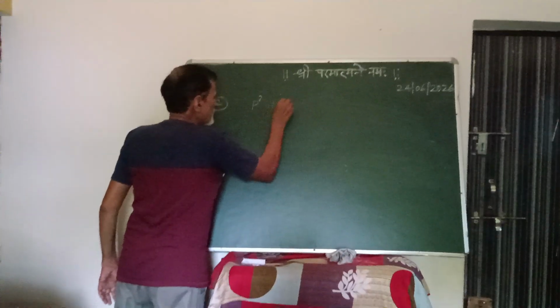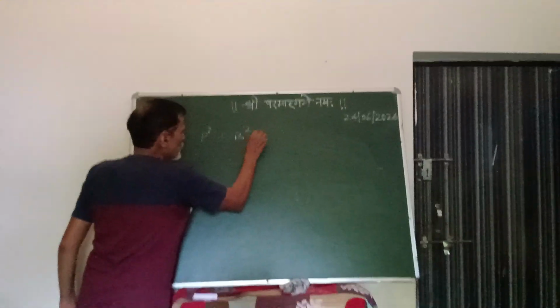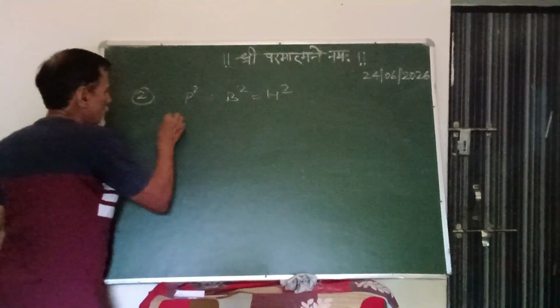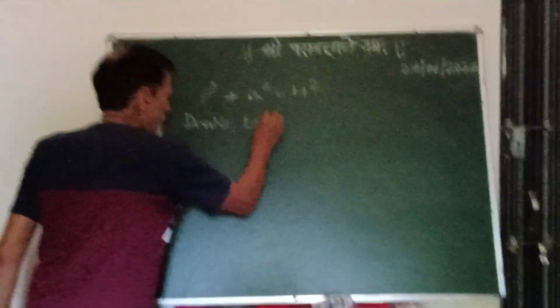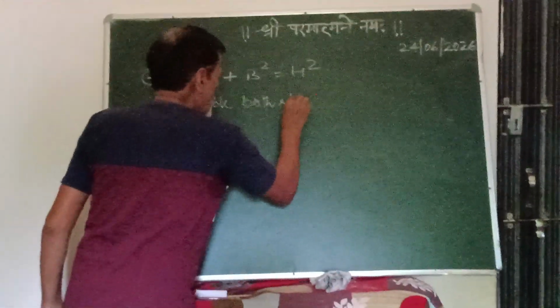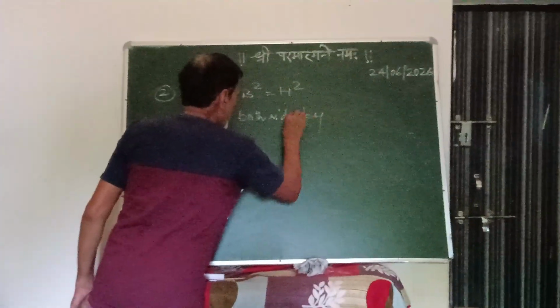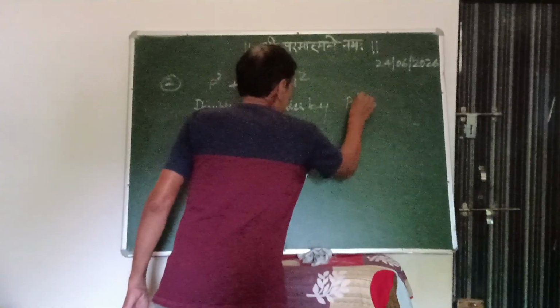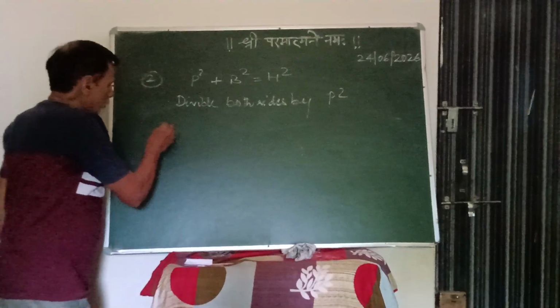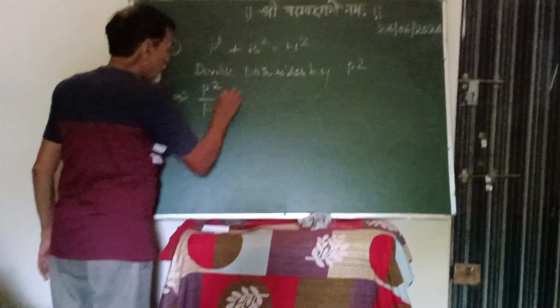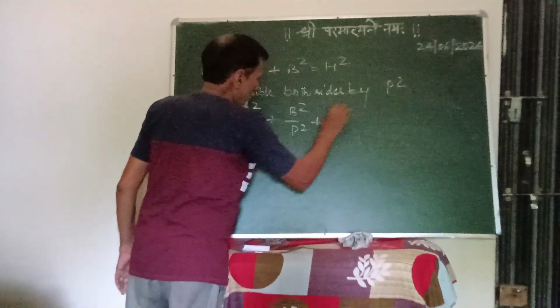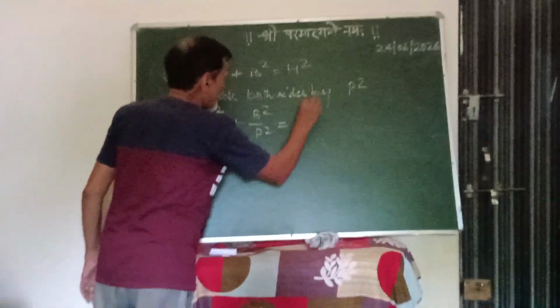Yes, see, just wait. p square plus b square is equal to h square. Divide both sides by p square. Okay, now write p square by p square plus b square by p square is equal to h square by p square.